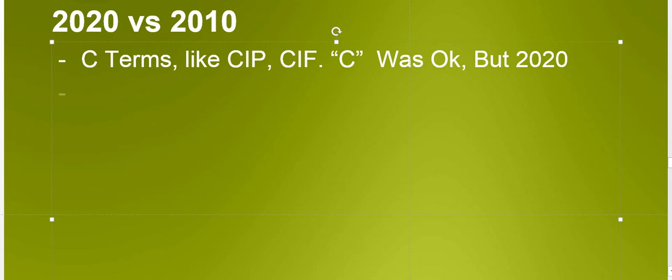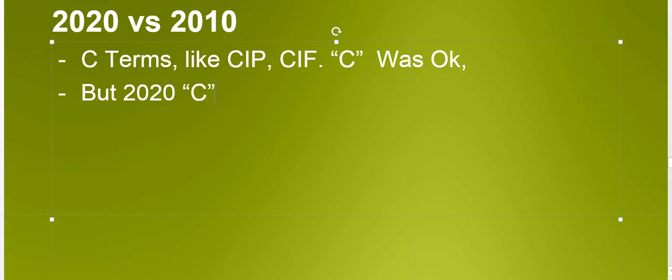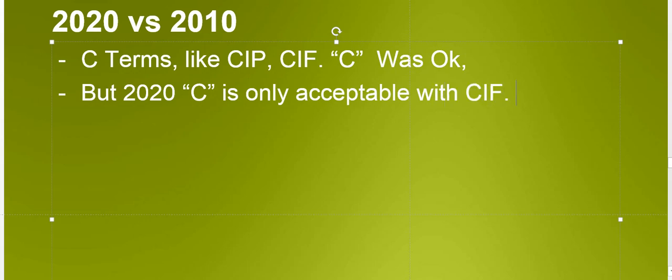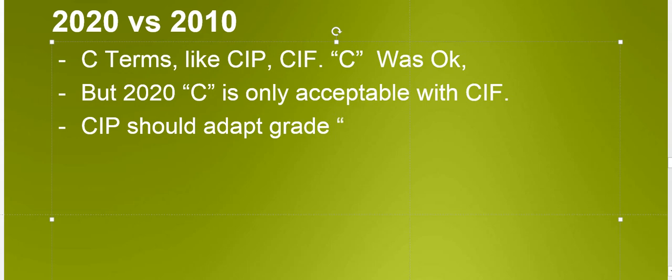The new 2020 says C is only acceptable with CIF, so CIP should adopt grade A, not C. Okay, A, not C.